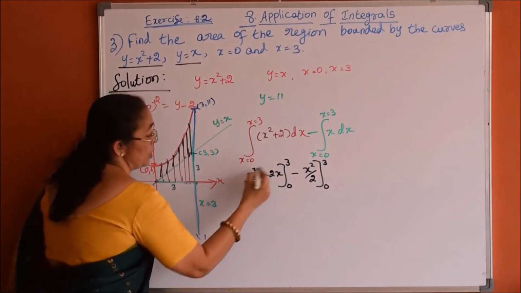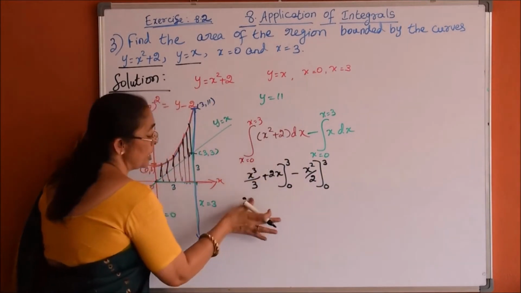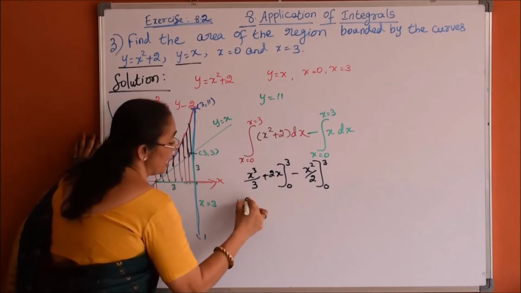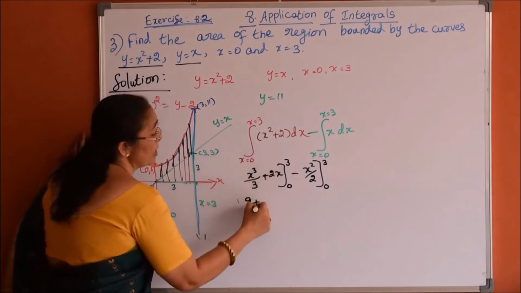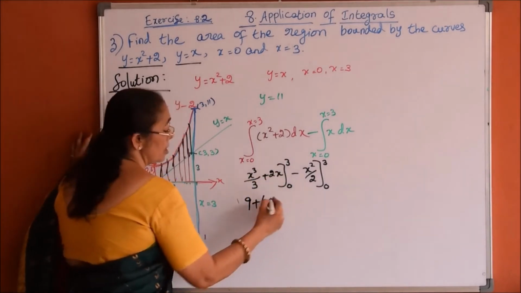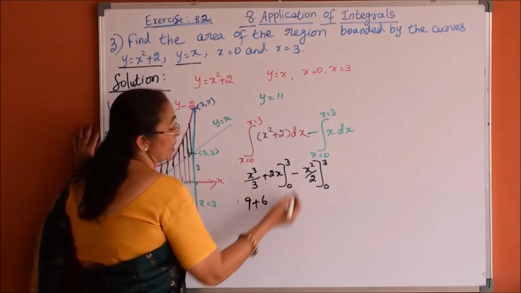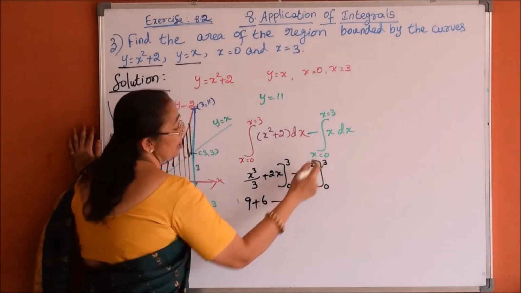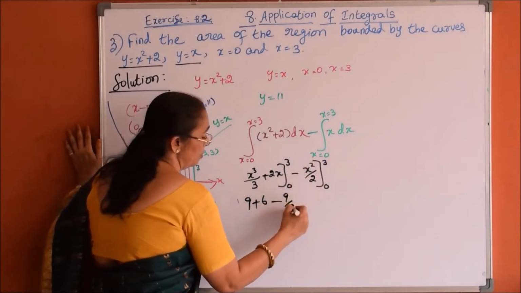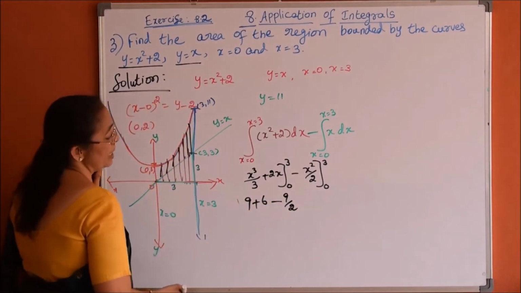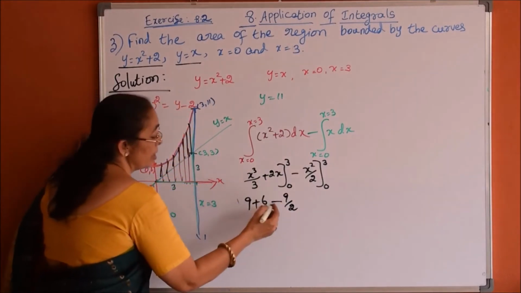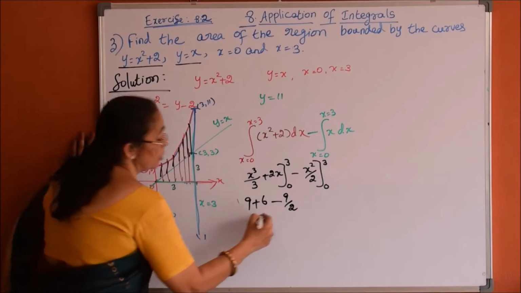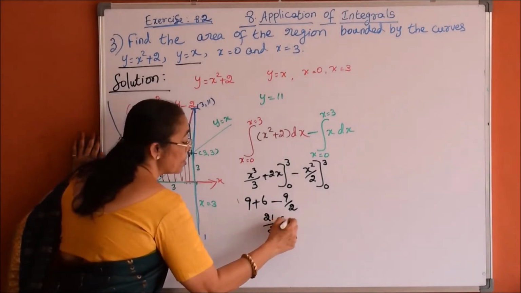So for the first one, 3 cube is 27, 27 by 3 is 9, plus 2 3s are 6. Lower limit is 0 completely, minus here 3 square, 9 by 2. 15 minus 9 by 2, which is 21 by 2 square units.